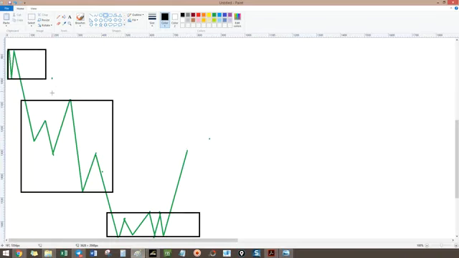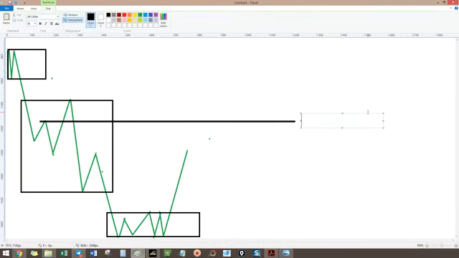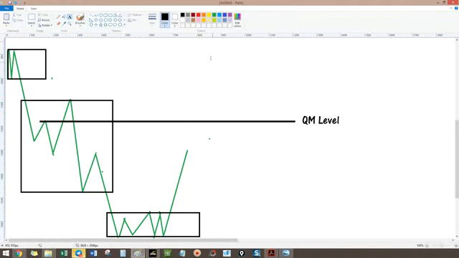So over here, you will see a lot of QM traders. This is the QM level. And then price will do something like this, 1 and a 2 and a 3. It rises up a little.